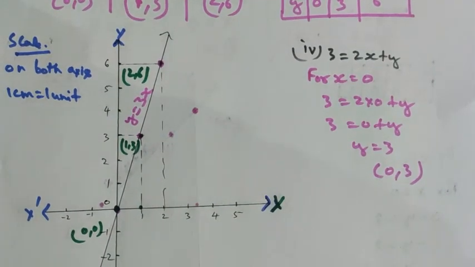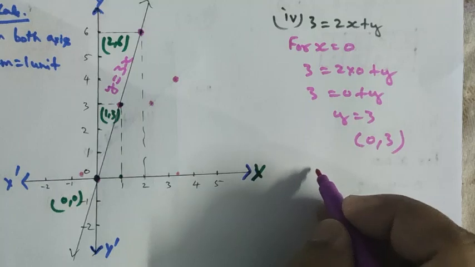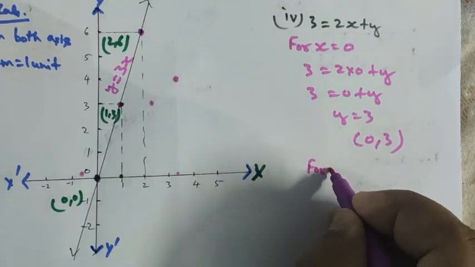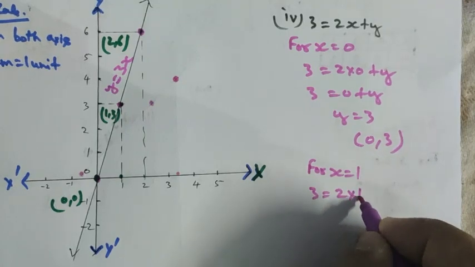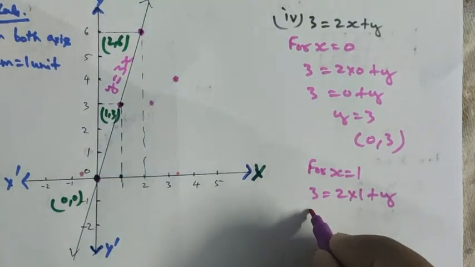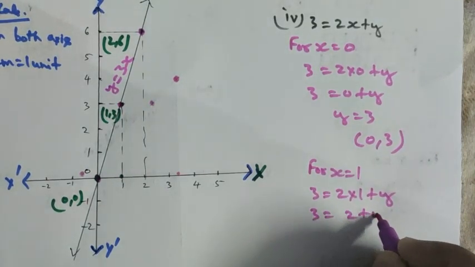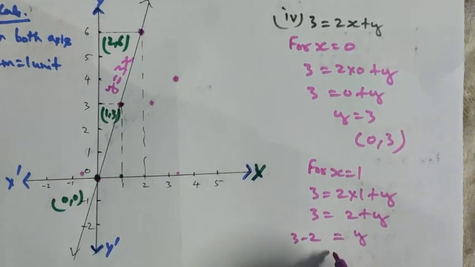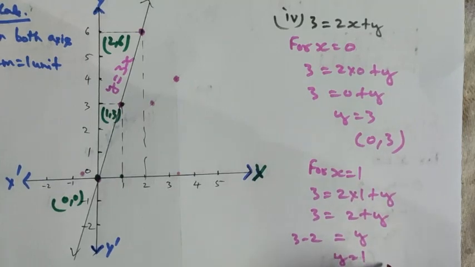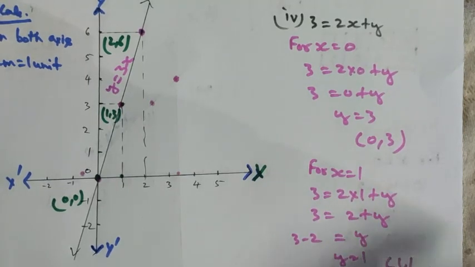Now the second point for x equals plus 1. So 3 equals 2 into 1 plus y. So that is 3 equals 2 plus y. So y equals 3 minus 2, 1. That is, the coordinates will be 1 comma 1.